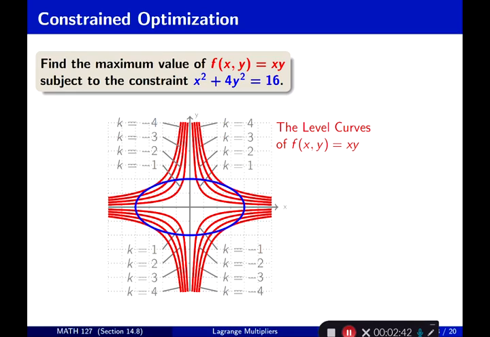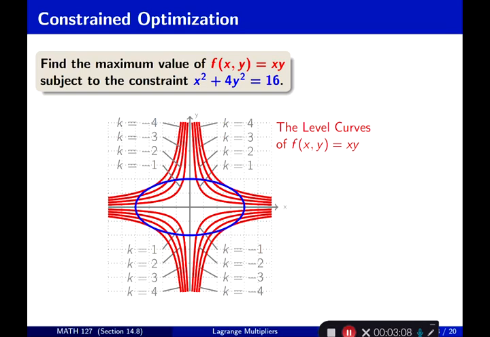The red are the level curves, and the constraint, the ellipse, is shown in blue. I know that the function has an absolute min and absolute max on the ellipse because of the extreme value theorem. I'm sorry if I said local on the previous page.